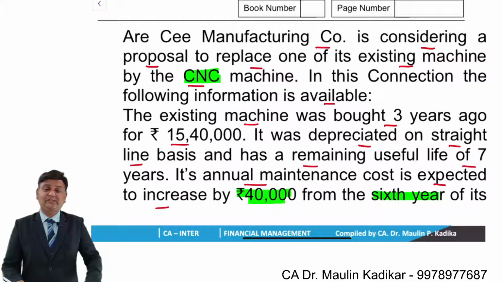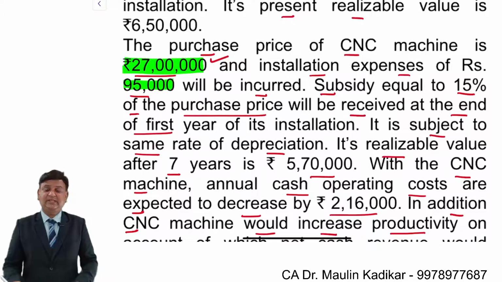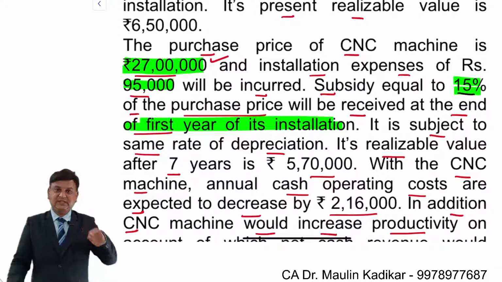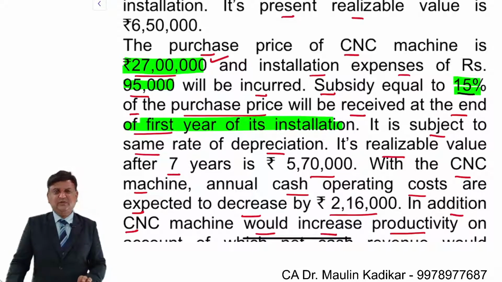If we purchase the new machinery CNC, then 27 lakhs is year 0 cash outflow, that is investment. 95,000 year 0 cash outflow, that is again investment. As far as the subsidy is concerned, it is going to be received at the end of the first year. So we will consider that in step number 4. Just be careful, in step number 2 depreciation, we will deduct the subsidy to compute the depreciation.